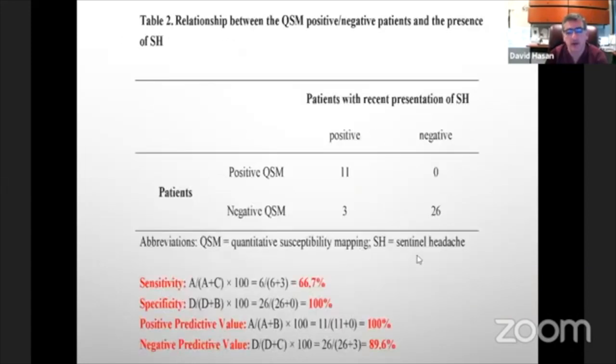But what we found out here is that QSM was 100% specific and has a positive predictive value of depicting sentinel headache. So we accepted that as the ground truth. However, the sensitivity is low, as I mentioned to you, because of the limitation due to the artifact.